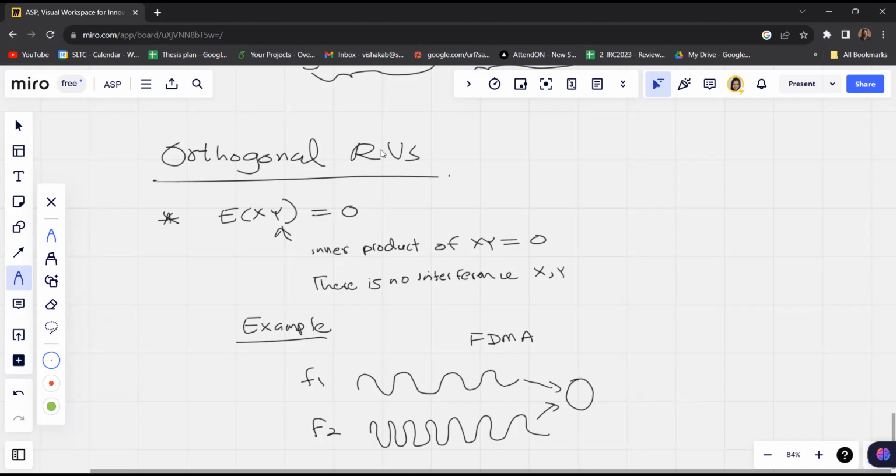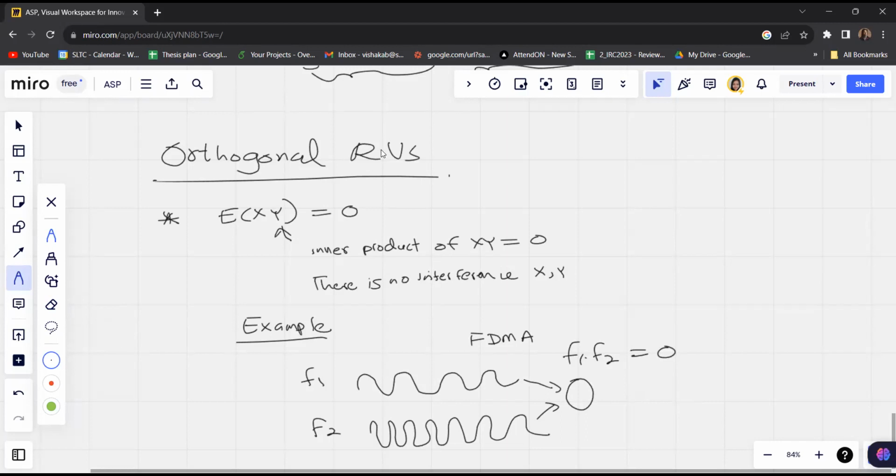If the receiving device wants only to hear the F2 signal, then it needs to cancel out the F1 signal. So in order to do that, we need to make sure that the F1, F2 product is 0, right?